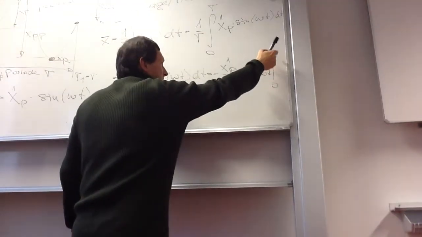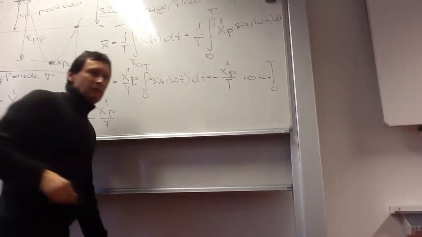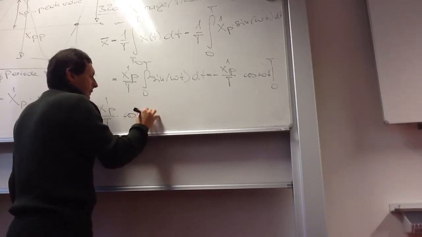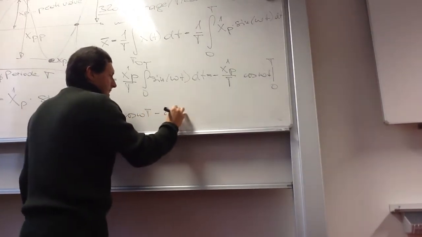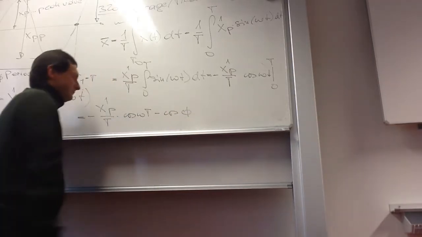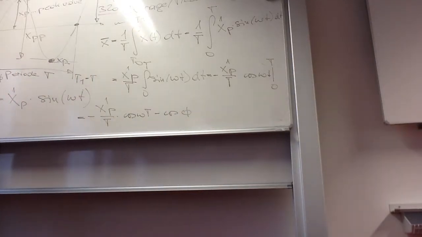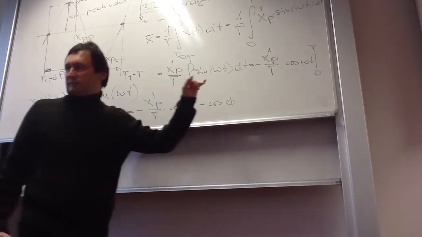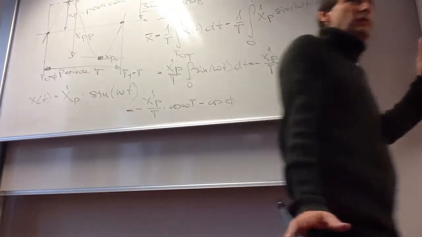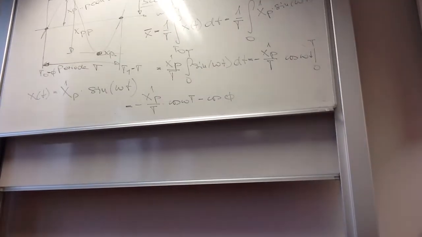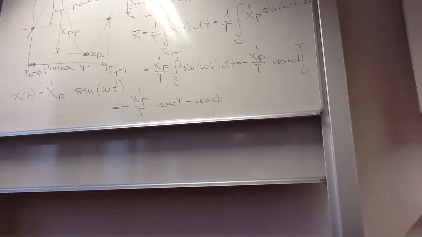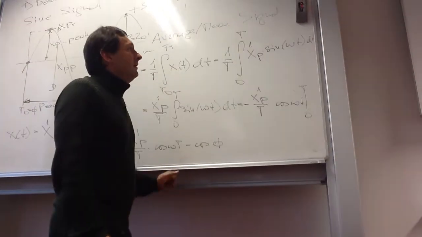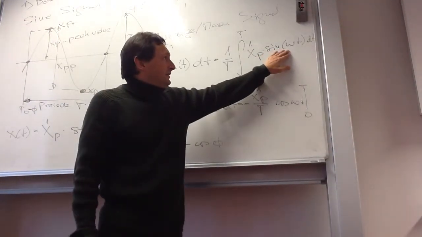Now we have to calculate the upper and lower border. Did we forget something? A constant, plus c? That's not what I'm referring to.